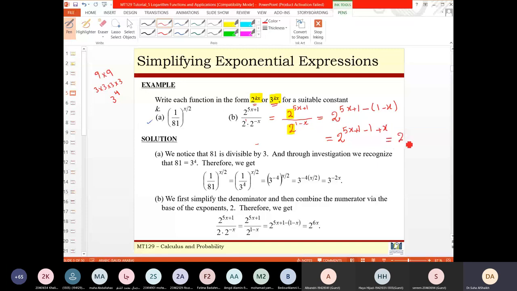This equals 2 to the power 6x, and the 1 cancels the 1. We are done already. It's of the form 2 to the power kx. And what's the k in this case? It's 6. Okay? So this is the example for exponential functions, applying the rules of exponents, simplifying exponential functions.